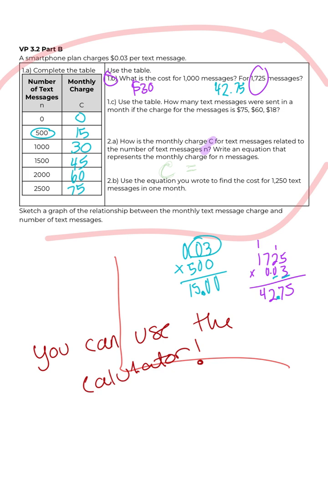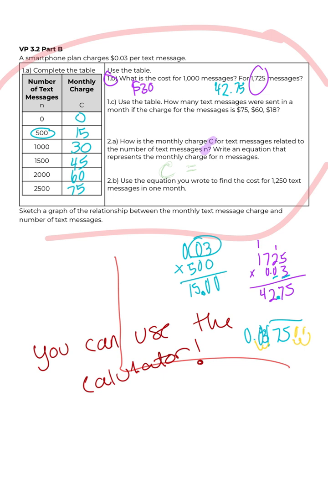Then it says use the table. How many text messages were sent in the month? Now this is where our equation could have been helpful if we had it. Or we can take the money and divide it by 3 cents. So it says 75. So you're dividing that by 0.03. That's tricky because you guys aren't used to dividing with decimals. So I would recommend you use your calculator for this. But if you're feeling very ambitious, you can move the decimal place over to here, and you can also move it to here.